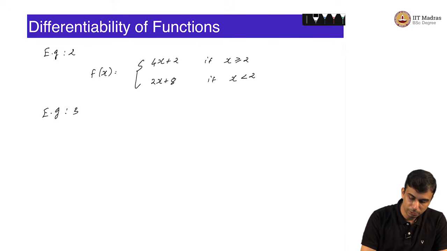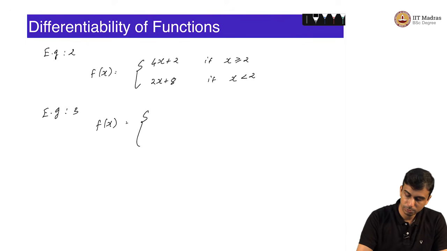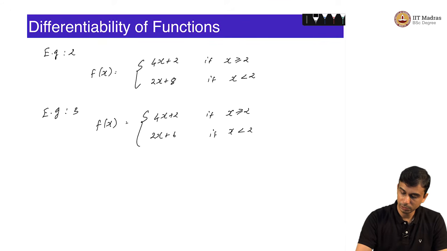Another example, example 3. Say f of x is equal to 4x plus 2 if x is greater than or equal to 2, and 2x plus 6 if x is less than 2.